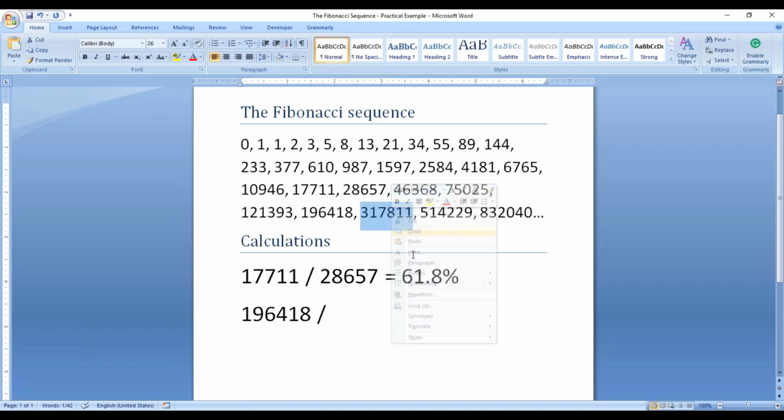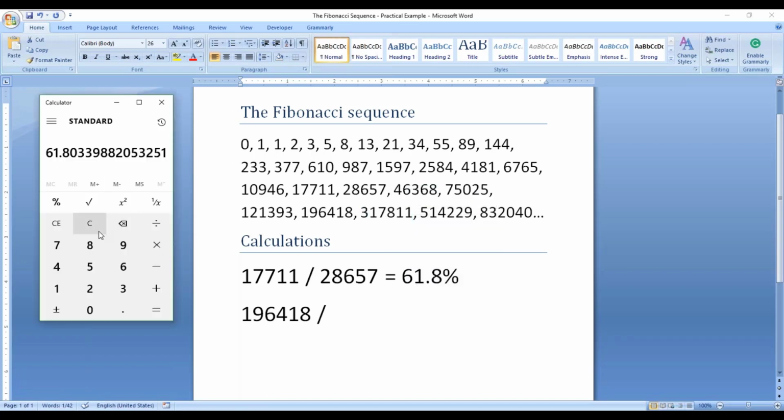I'm even going to copy this number so it will be easier for me to paste it. Here it is, 196,418, and we divide it by 317,811. The result, 0.618033, and so on. When I multiply this number by 100, I get the percentage, which is 61.8% approximately.